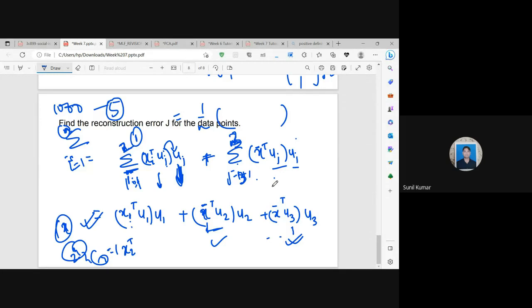By applying this equation, x1 transpose u1 u1 plus x bar transpose u2 u2. So we'll be getting just one vector, right? This is the vector we have received after applying PCA. This is the projected point for only the first x1. Likewise, we will have to find it for x2 and x3. I'm confused.